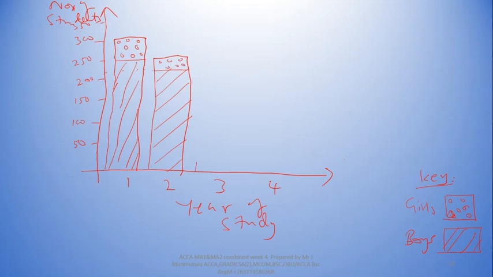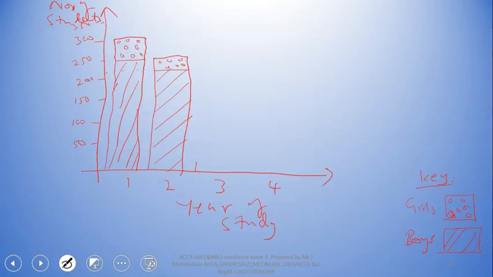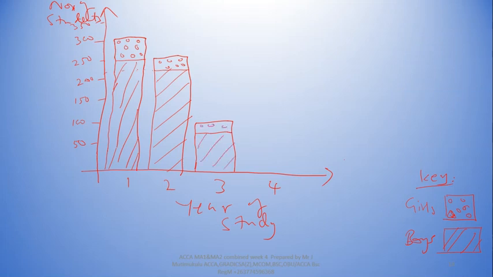Third year now, without wasting much of your time. In the third year we have a total of 100 with 80 boys. So 80 somewhere here, and the girls. Then we do the last year.